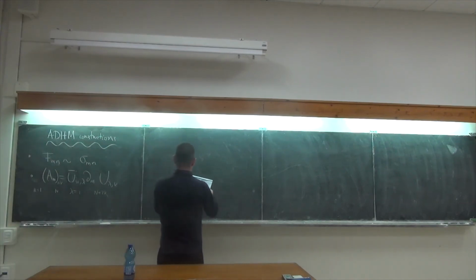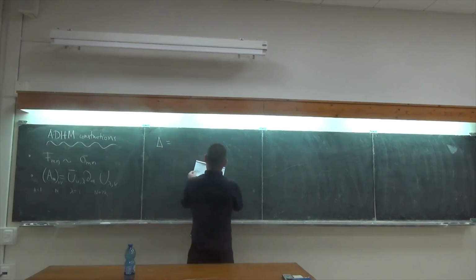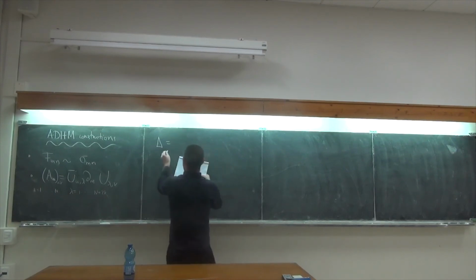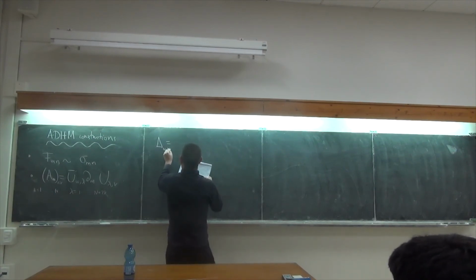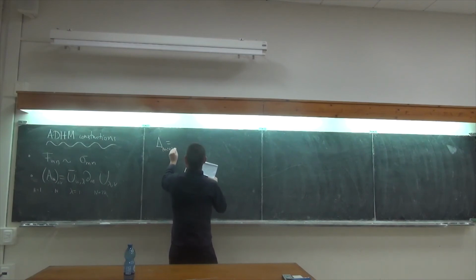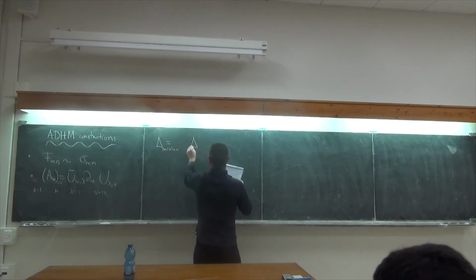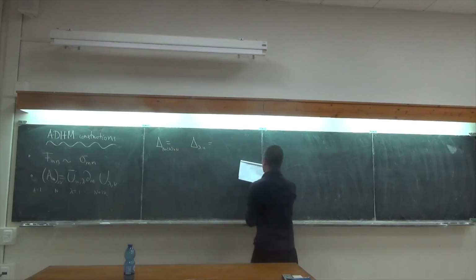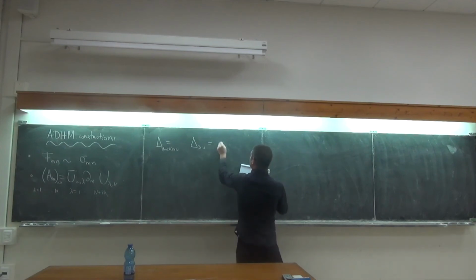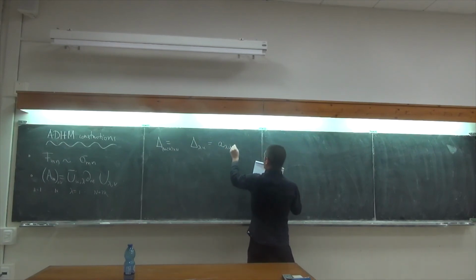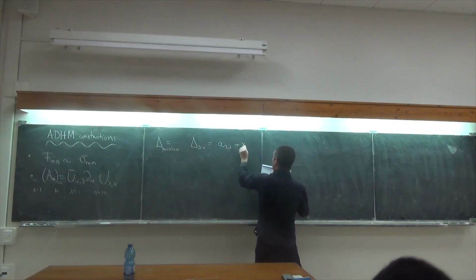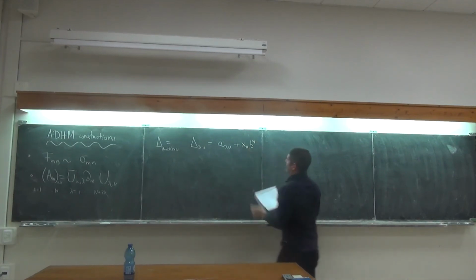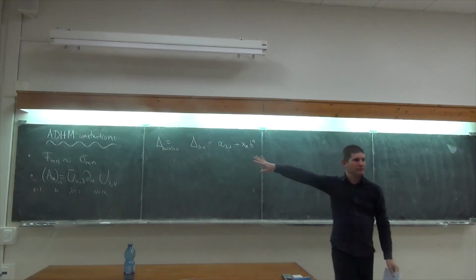Atiyah and ADHM's construction says: define, consider this matrix delta, which is a matrix n plus 2k times n. Delta is a matrix, lambda u, which is made of this form. It's a constant matrix, a lambda u, plus a matrix that depends linearly on x.